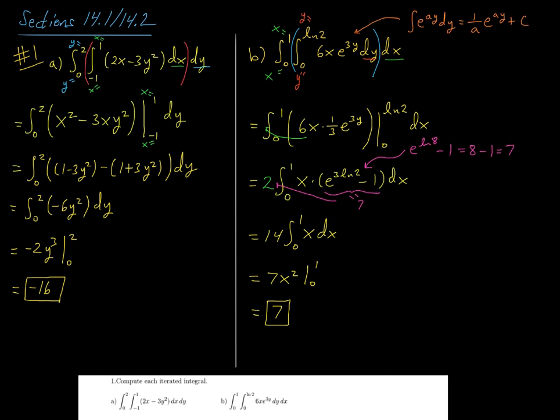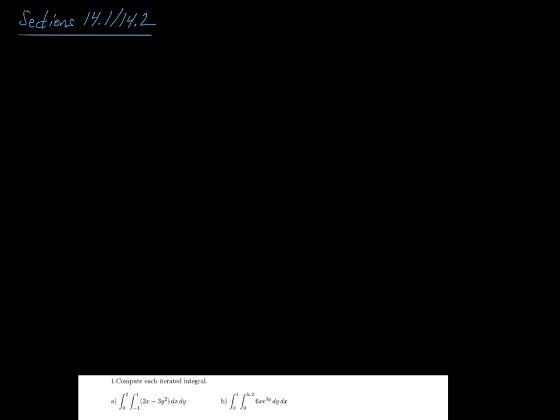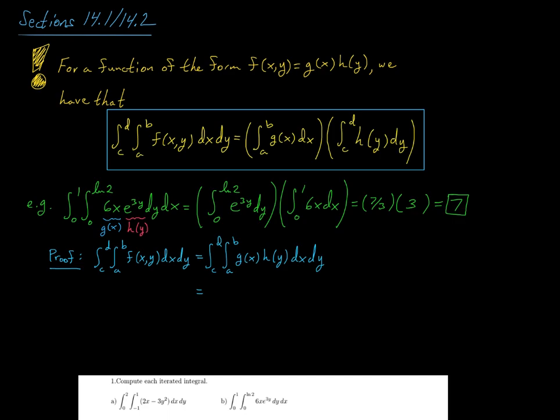All right, so now for the last part of this video, I want to point out an important case or a certain pattern that can show up from time to time with the form of an integral.